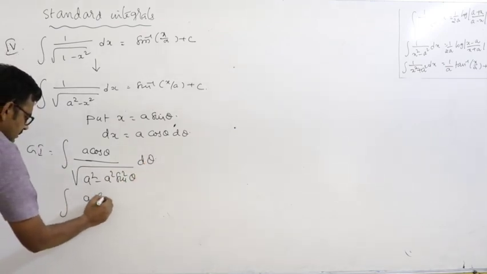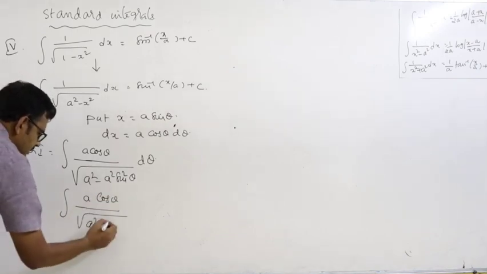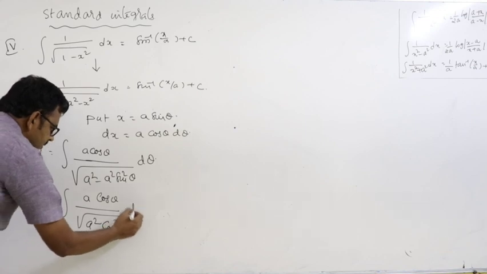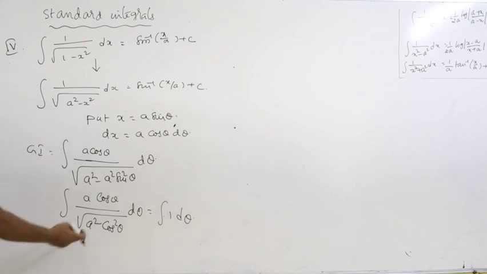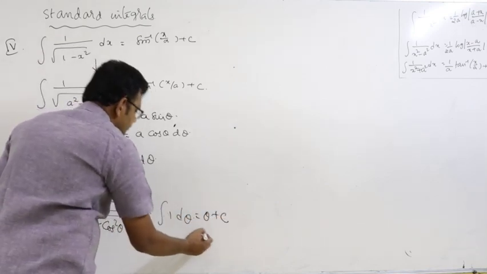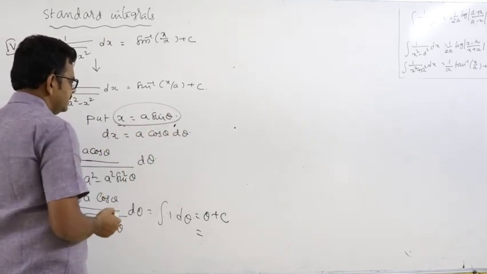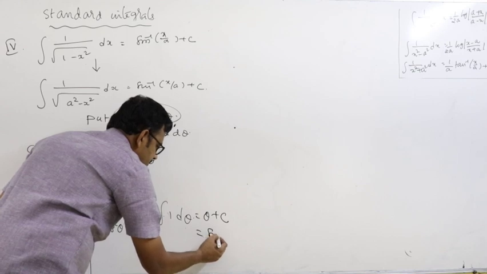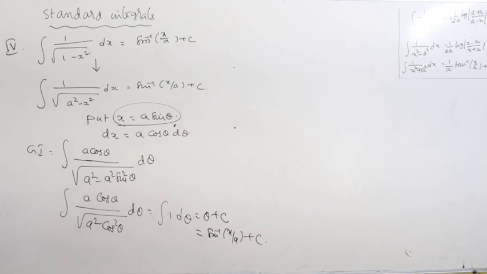So, this is a cos theta by root of a square common, 1 minus sin square theta is cos square theta d theta. So, that is integral of 1 d theta. Root of a square is a, root of cos square theta is cos theta. Integral of 1 is theta plus c, where theta is equal to what? Sin theta equal to x by a, theta equal to sin inverse of x by a plus c.